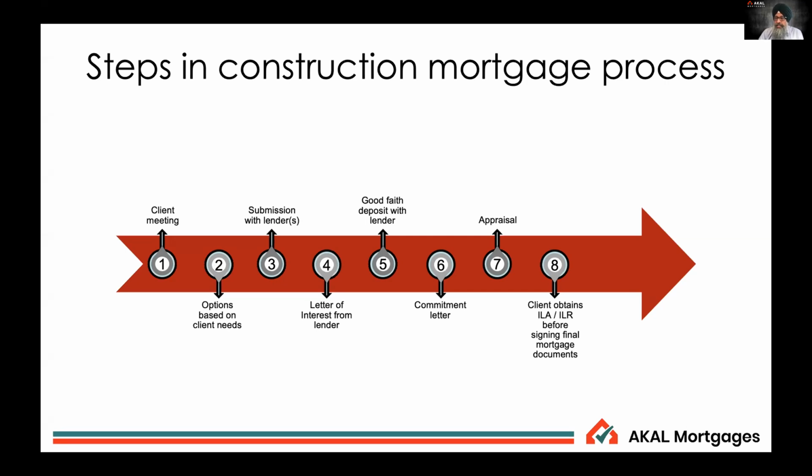That is the last chance, and the best practice is to let the client obtain ILA or ILR and let them understand it. Once everything is finalized, construction begins and funding starts as per the agreement. Do you understand now the typical steps in mortgage financing? So this is what it should be.